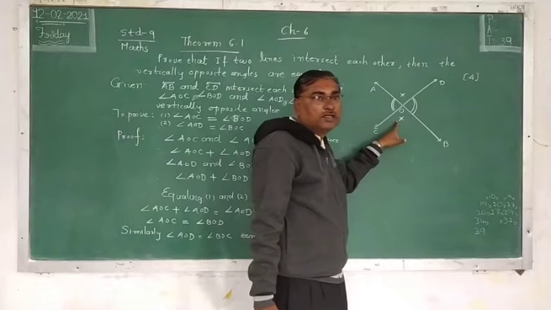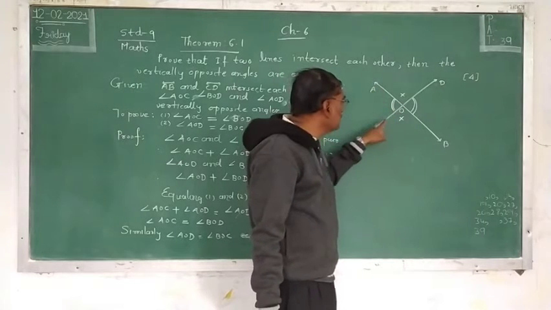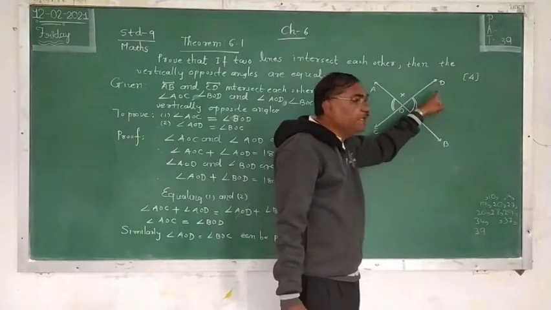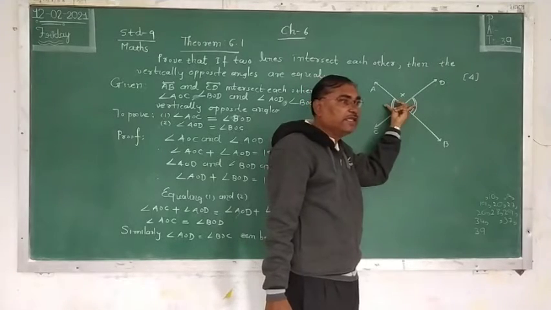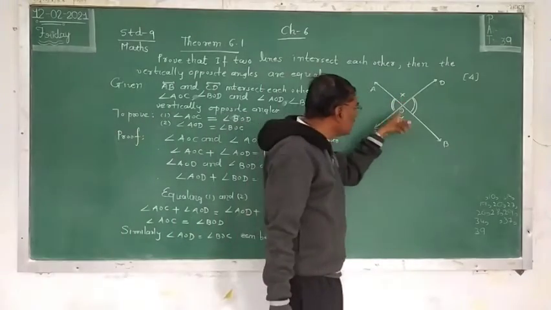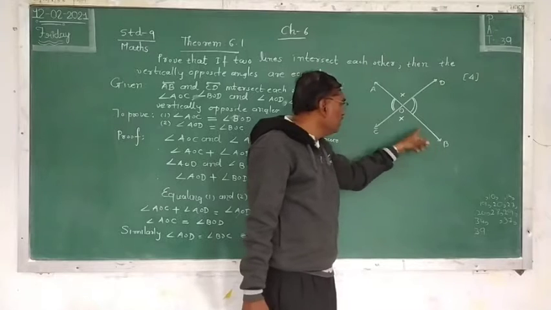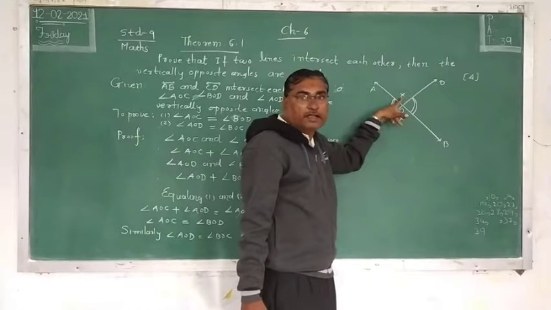Now we can name them. This angle is AOC and this angle is BOD, vertically opposite angles, and we have to prove them equal. Same thing, cross mentioned: AOD and BOC are also vertically opposite angles.